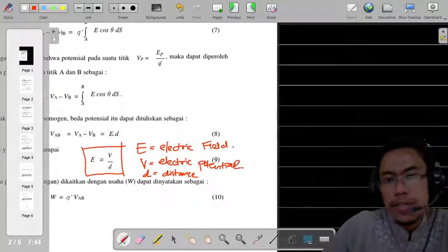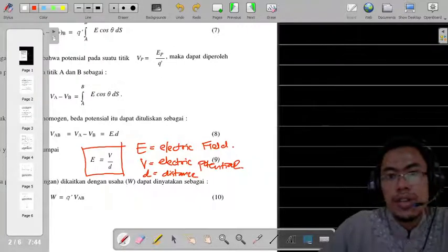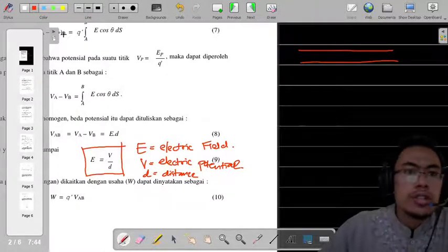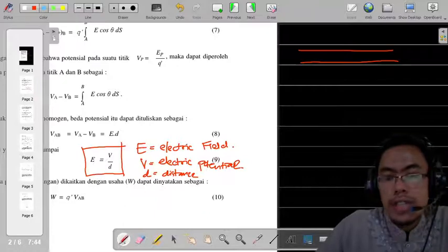So let's say I have an electric wire here. So this is the electric wire, and this is the electron.